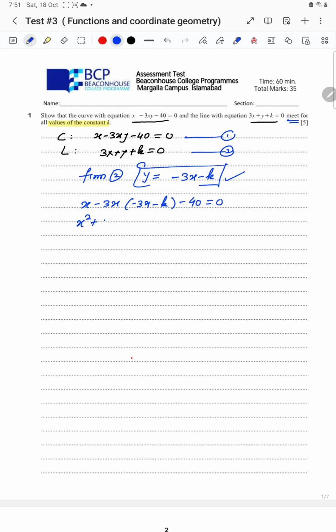So x plus 9x square plus 3kx minus 40 equal to 0. From this term and this term we can take x as common, and we can write it as 9x square plus (3k plus 1) times x minus 40 equal to 0.